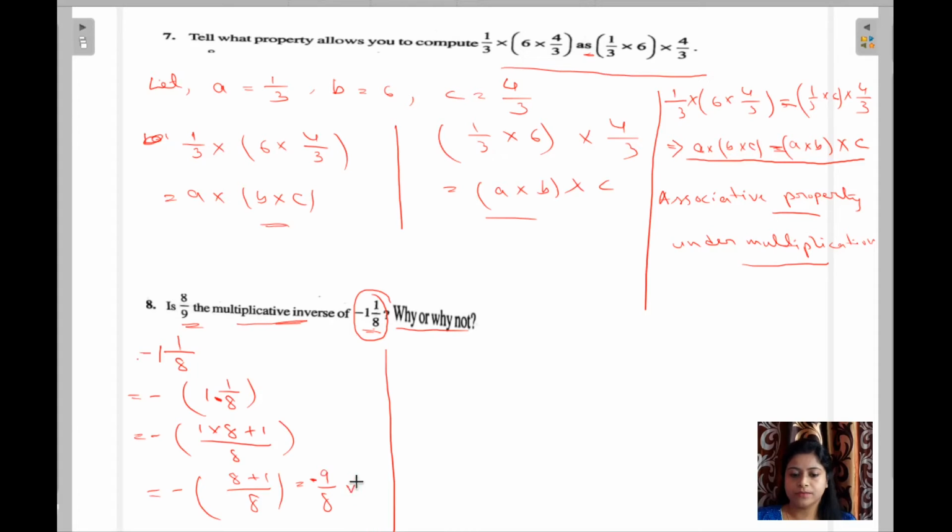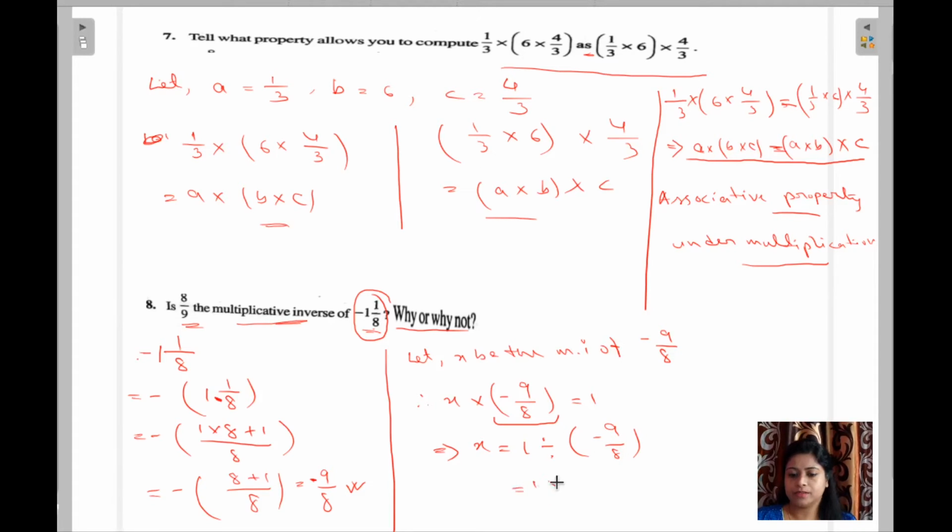So we have to take out the multiplicative inverse of minus 9 by 8. Let x be the multiplicative inverse of minus 9 by 8. Therefore x multiplied by minus 9 by 8 equals 1. Simply we take this term to the right side. We know this is 1 divided by minus 9 by 8.